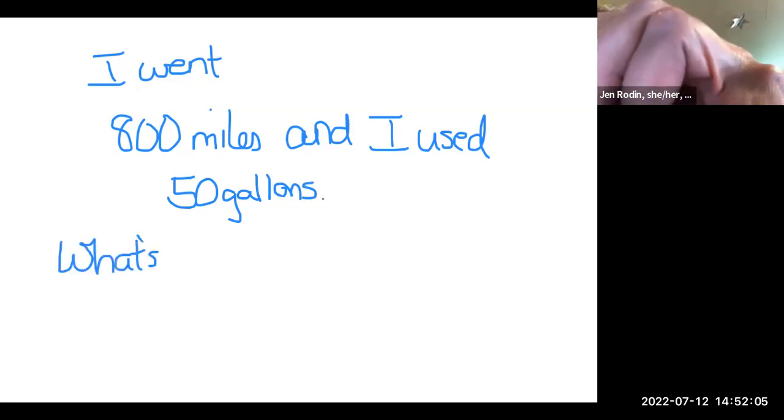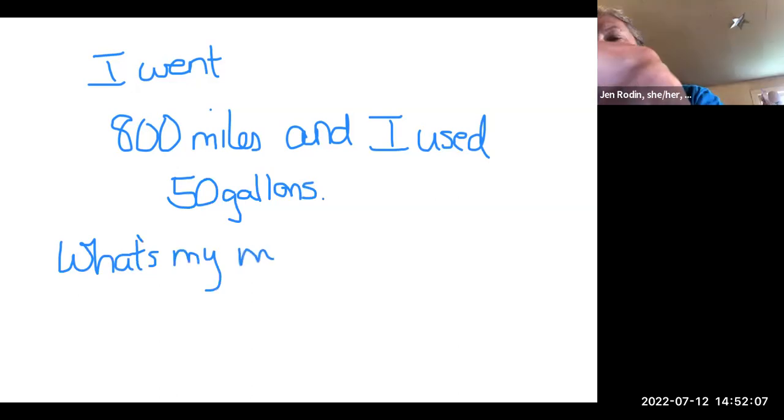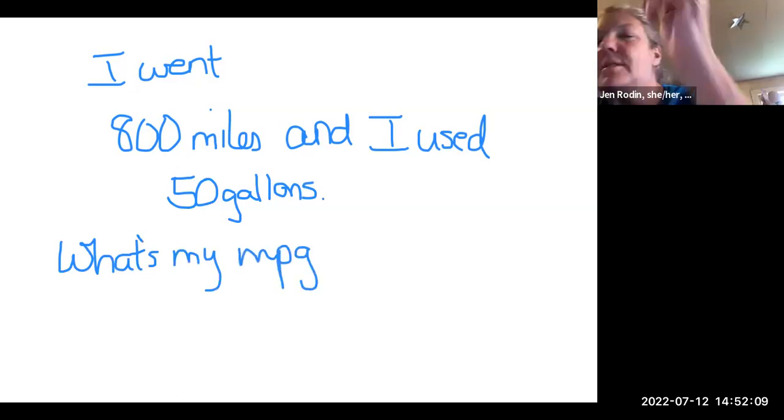What's my MPG? You can also push it further and figure out what am I going to pay if it's a certain cost, plus oil changes or the flat tire I had or whatever else. We can make it more complicated.